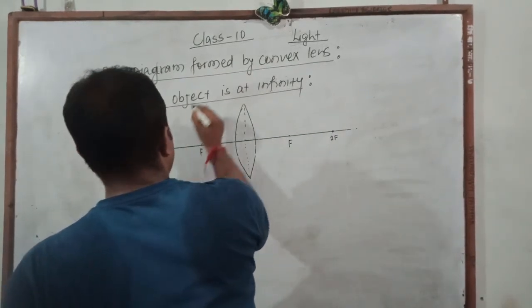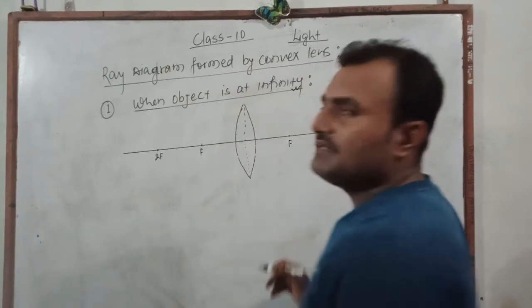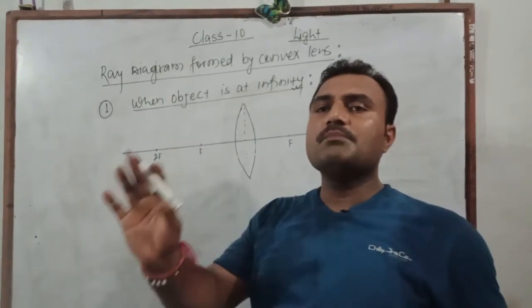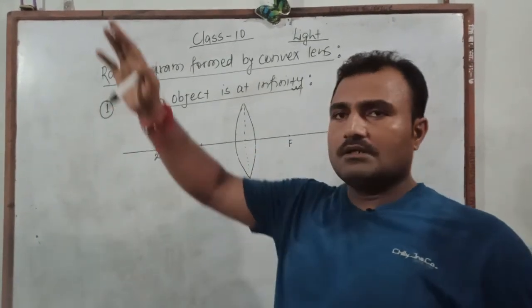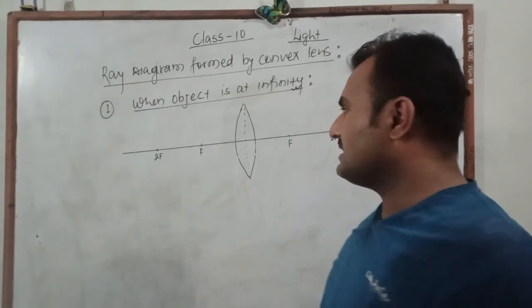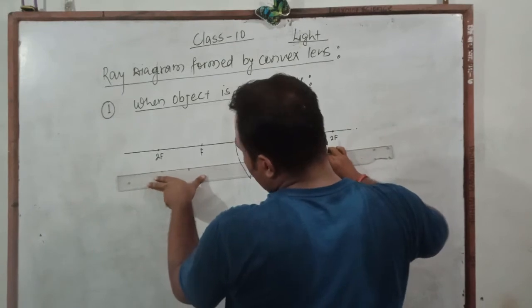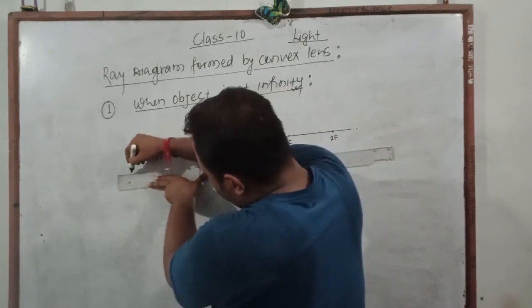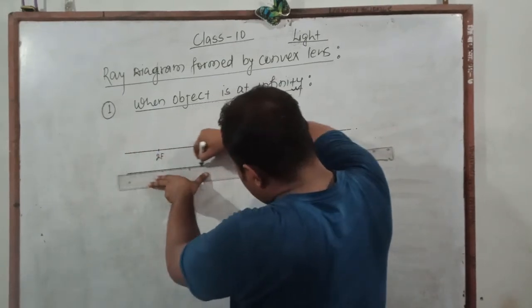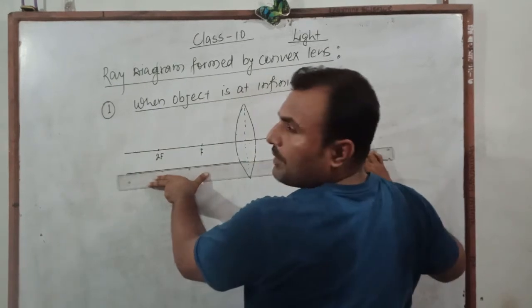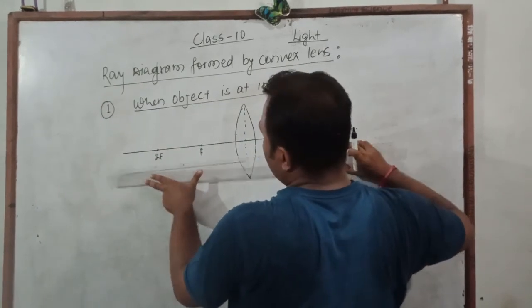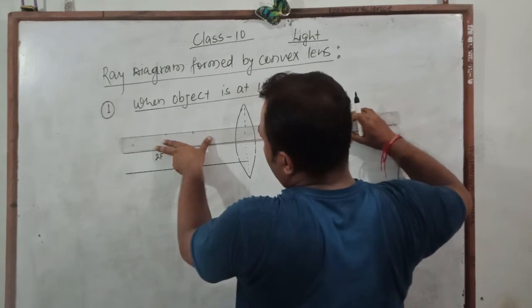And when the object is at infinity, it means what? Only a parallel beam of light reaches the lens, and therefore to draw the image we only draw parallel rays of light coming from the object up to the lens.